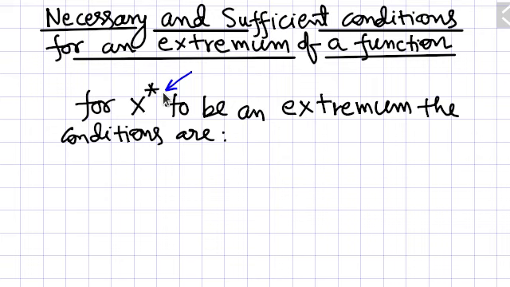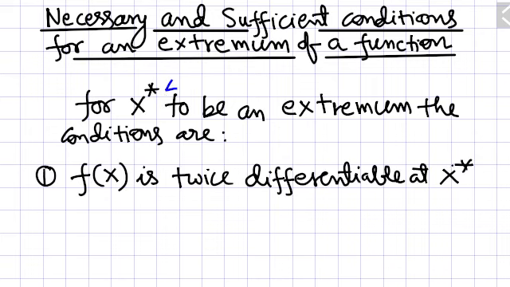For that the conditions are: the first condition is that f(x) is twice differentiable at x asterisk. Here the function can be of 2 variables, 3 variables, and also n variables. So capital X has been used here. It means x1, x2, x3, x4, all variables; the function should be differentiable with respect to all the variables at that stationary point that is in our focus.